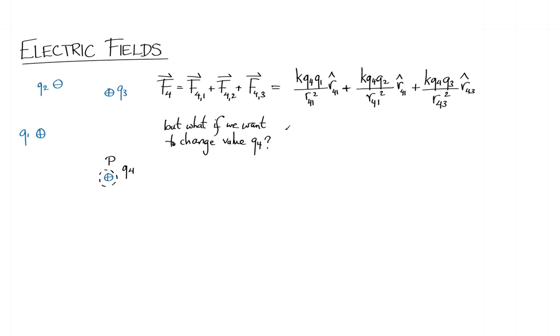So instead, we can do something a little bit smarter than that. If I look at how the force on 4 is written, I'll notice here that Q4 appears in every one of these terms in the sum. So I can in fact factor Q4 out of this sum. And then I can write these terms again.